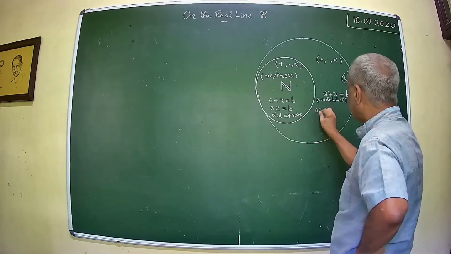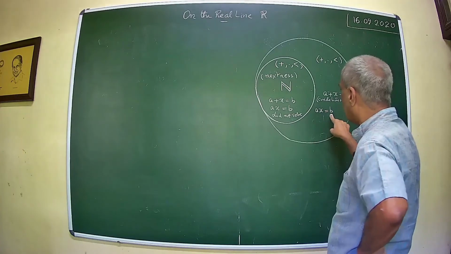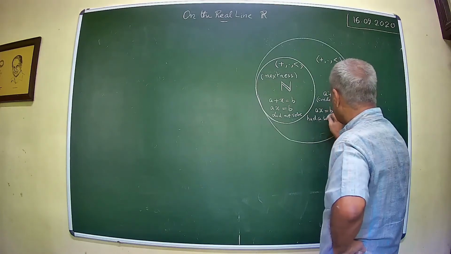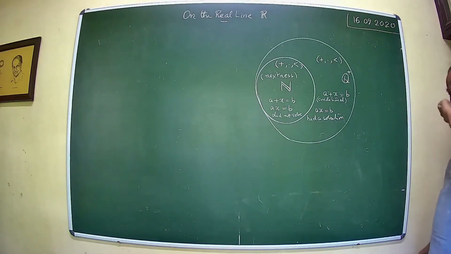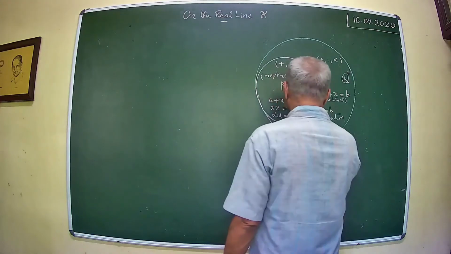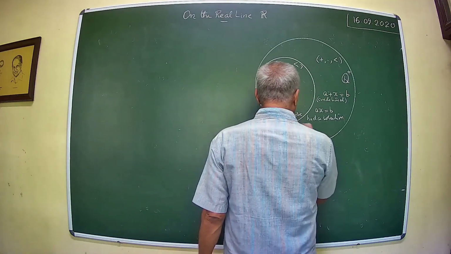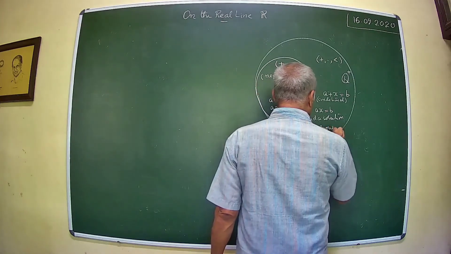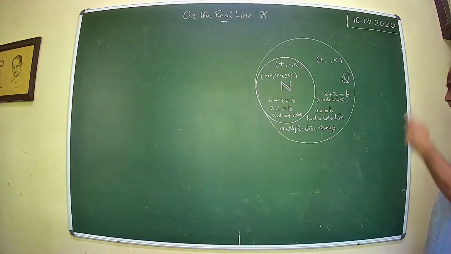Whereas if you look at the equation ax equal to b with a belonging to Q plus, b belonging to Q plus, it had a solution. That gave Q plus a multiplicative group structure, with the order relation and everything.